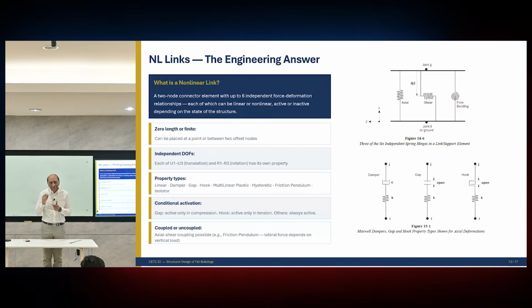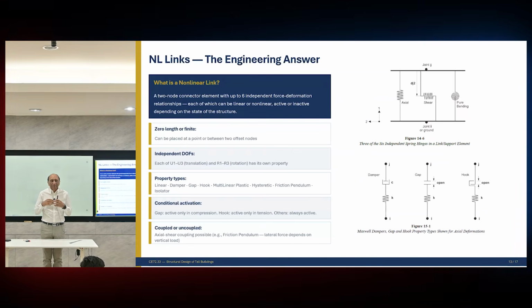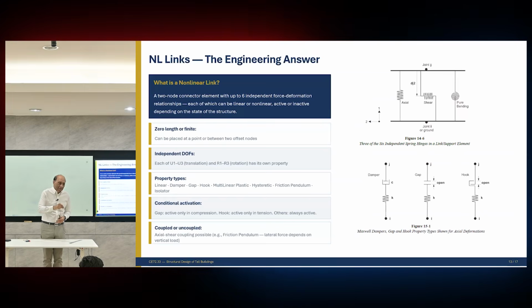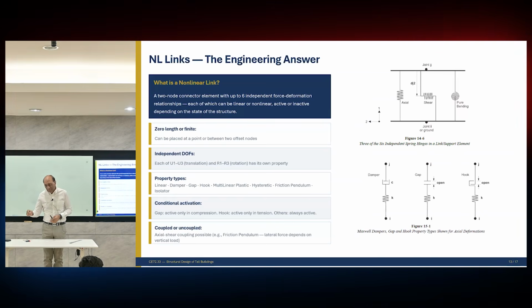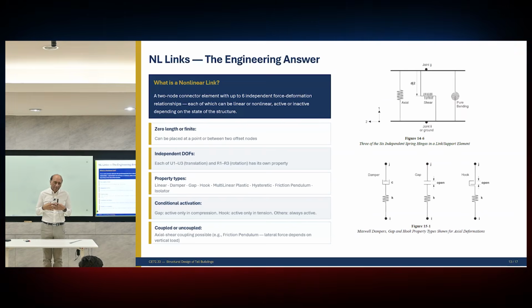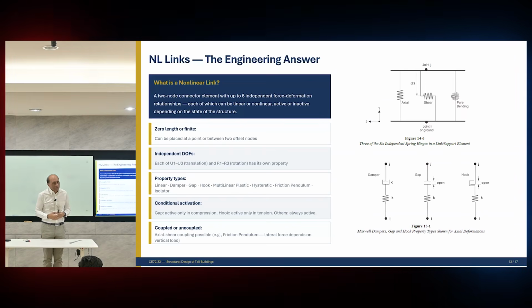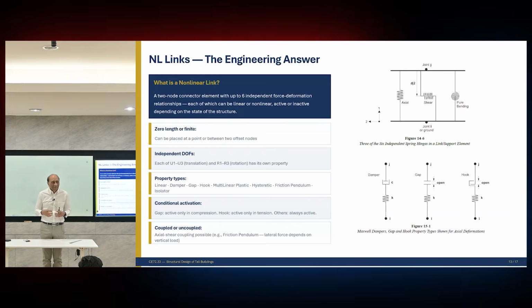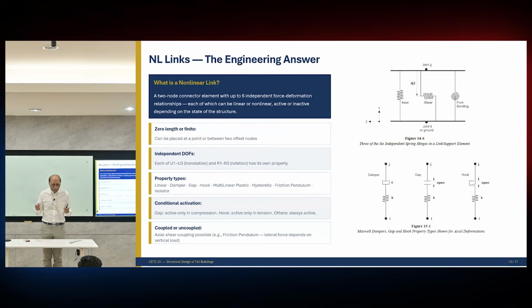Each of these degrees of freedom can be independently defined as linear, non-linear, damper, friction, whatever you like. Which means that you can create very complicated, comprehensive, complex connections between 2 points.